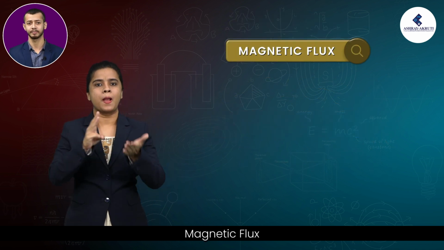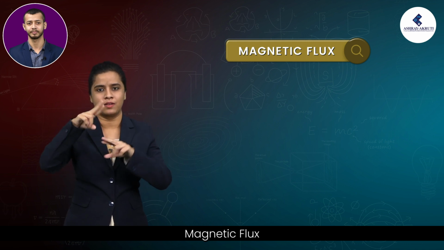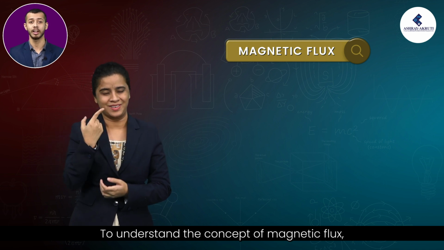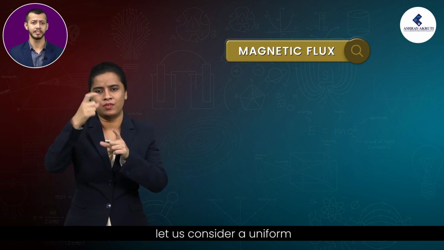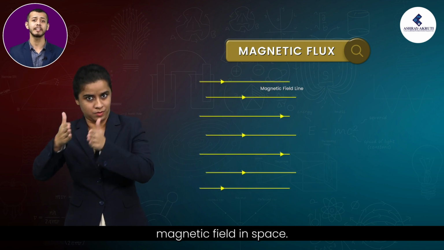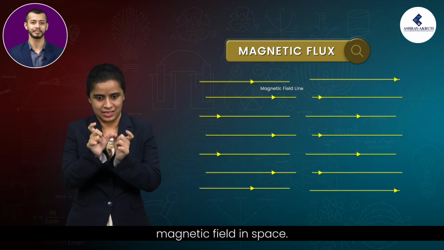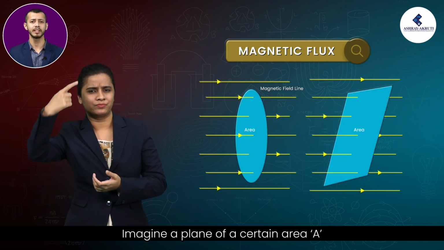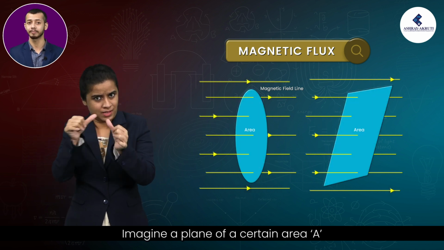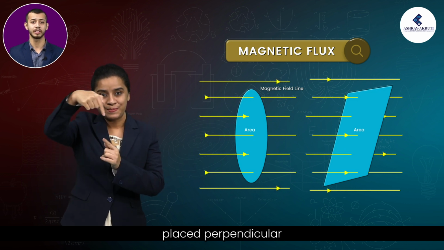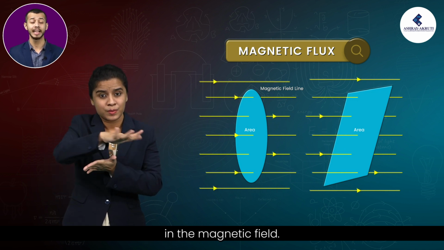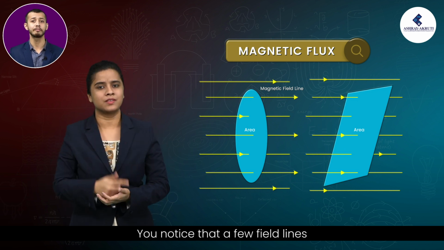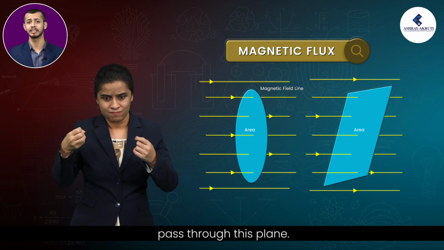Magnetic flux. To understand the concept of magnetic flux, let us consider a uniform magnetic field in space. Imagine a plane of a certain area A placed perpendicular to the field at a certain point in the magnetic field. You notice that a few field lines pass through this plane.